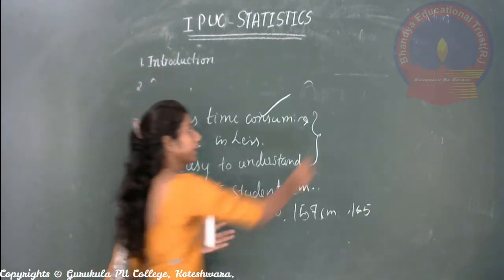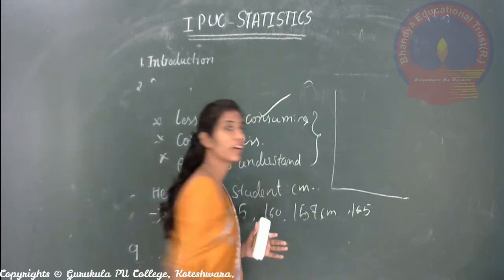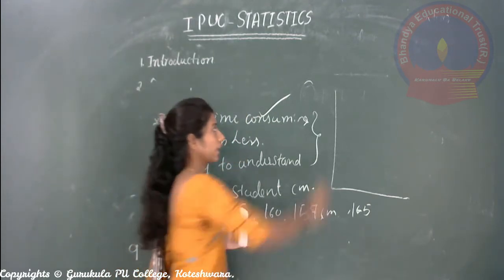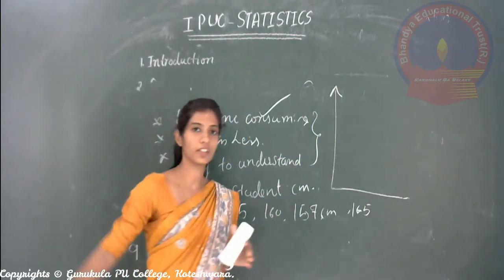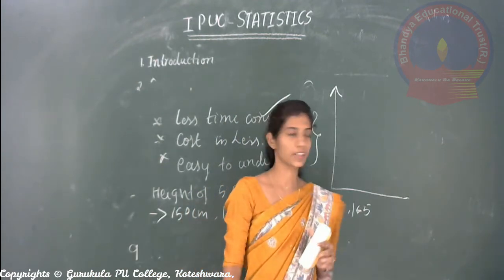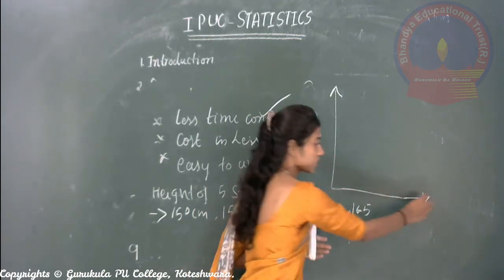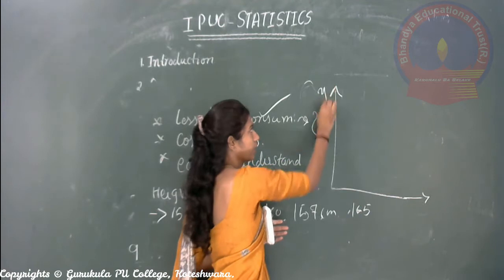You can represent these data in a graphical form or in terms of diagrams. Diagrams ಹೇಗೆ ಮಾಡಬಹುದು? This is the x-axis and this is the y-axis.